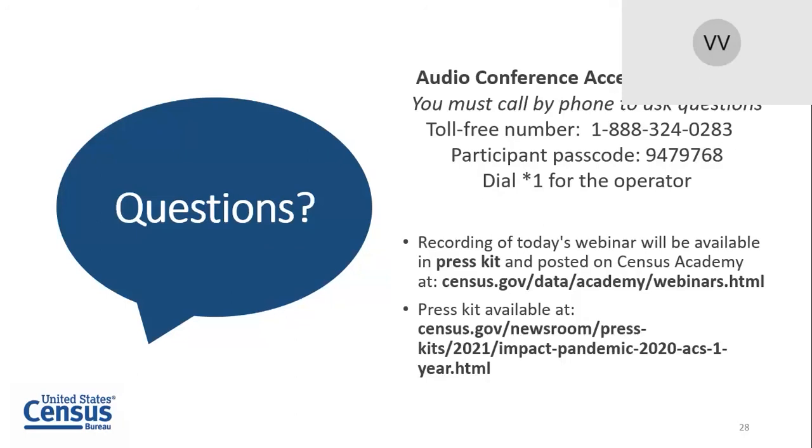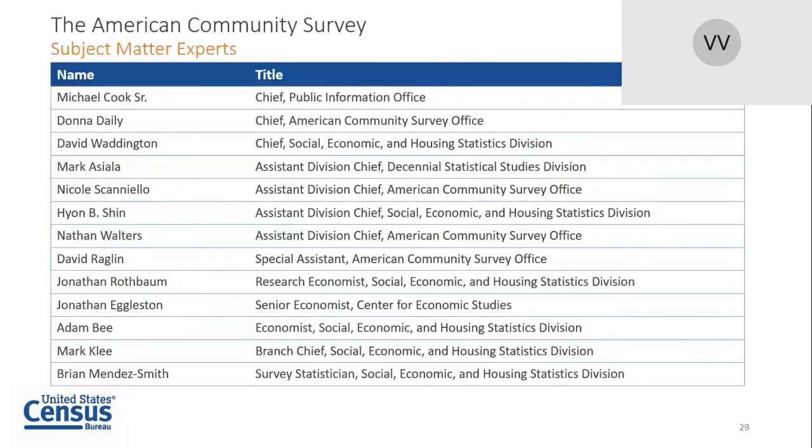Thanks for that question about our future releases as we have been dealing with the current one. I'm looking at Donna Daly now to see if she has anything to say about our far off and future plans with 2020 ACS 1 year. Donna? Yeah, thank you so much for that question.